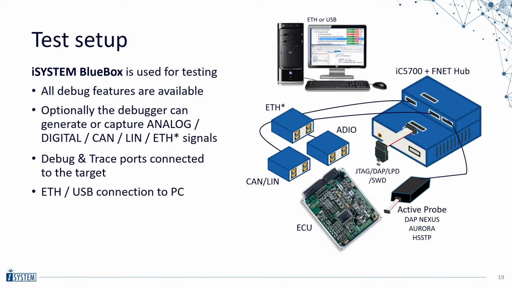The test setup consists of an iSystem debugger, target ECU, and host PC. Here we have an IC 5700. The 5700 is connected over Ethernet or USB to the PC. The target MCU is connected over a debug connection like JTAG, DAP, LPD, or SWD.